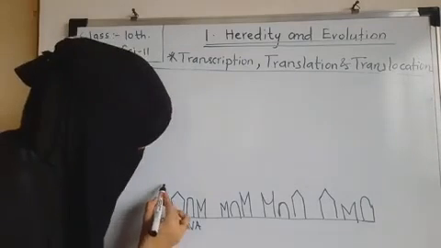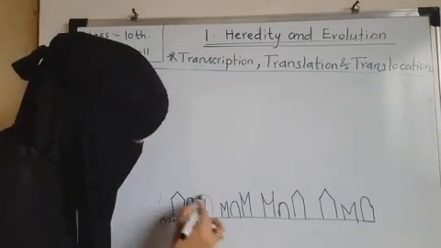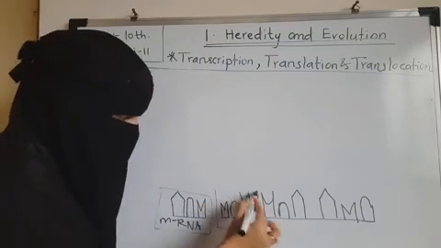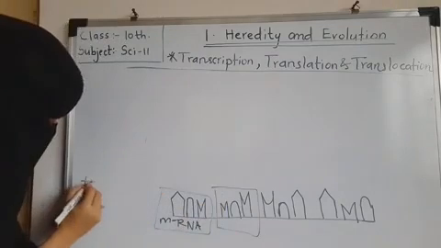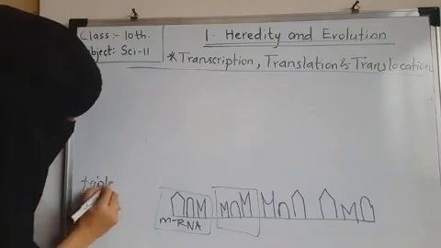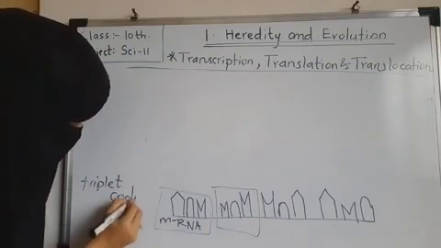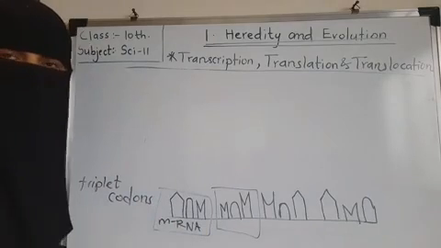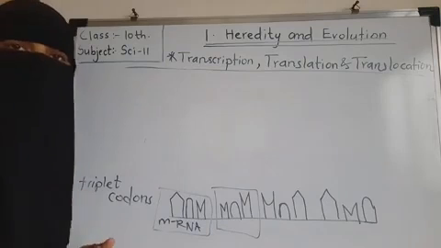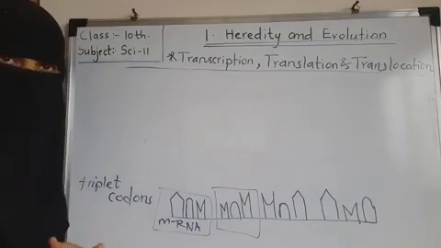See now, these are the groups. Say, these are what? Codons. They are called triplet codons. These groups of nucleotides are called triplet codons, and there are thousands of codons on the messenger RNA.